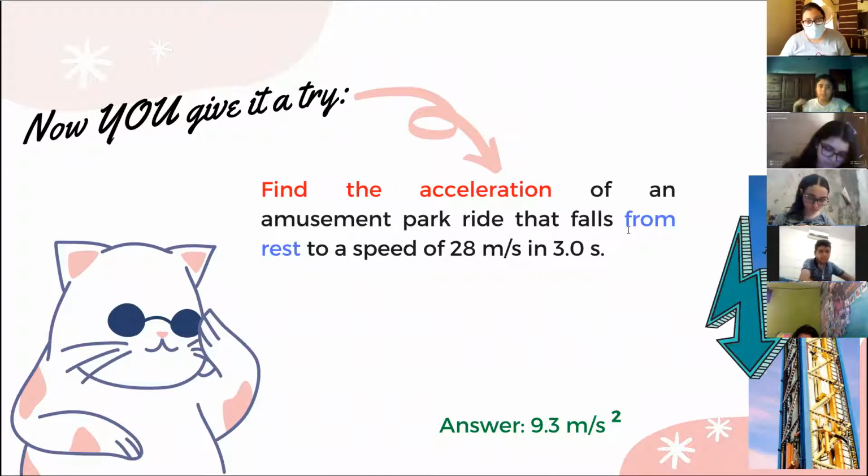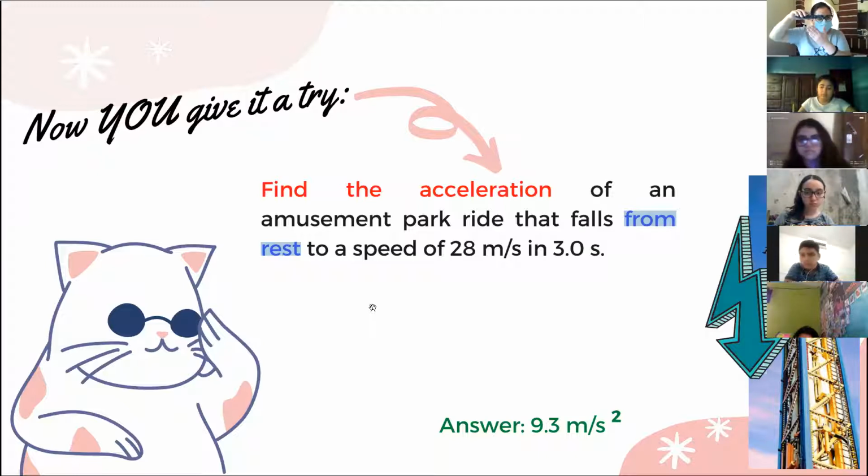Now, when it says from rest, take a look, it's in blue for a reason. From rest means that the attraction was still not moving, okay? And then during 3 seconds, it reached a speed of 28. So it was still and then very fast falling down.